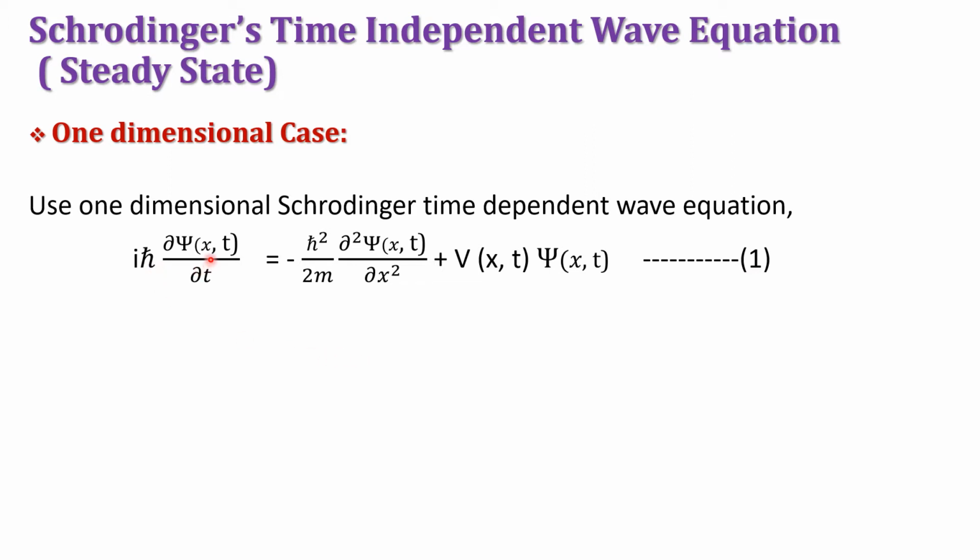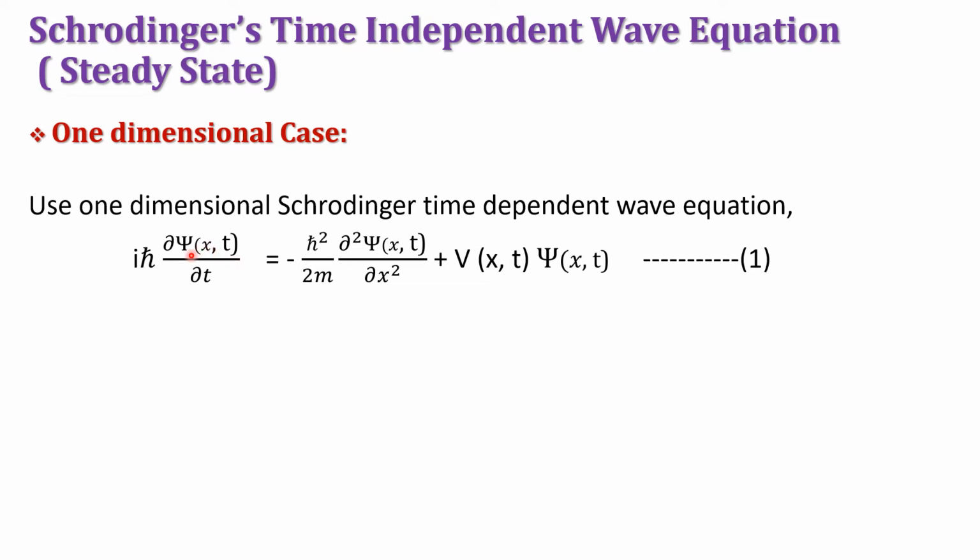Here we derive the time independent equation. Therefore, psi of x,t we separate into two independent terms. One depends only on the position coordinate and the other depends only on time. Therefore, we use the separation of variables method, and we separate psi into two terms, just like psi of x into phi of t.